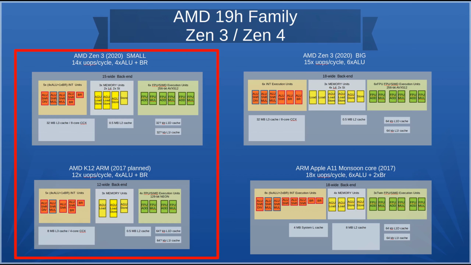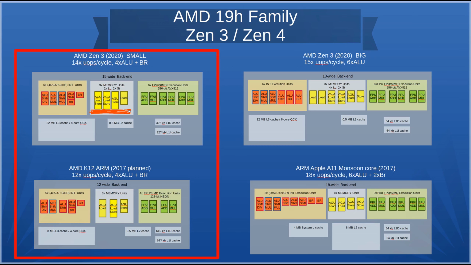Another important thing are the memory units, because in the code almost 50% of the instructions are loads and stores. So those memory units are pretty important for high performance.